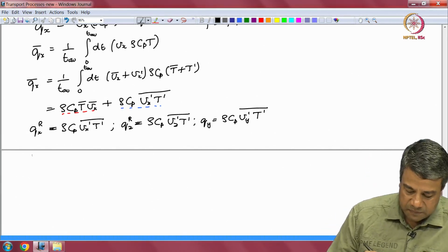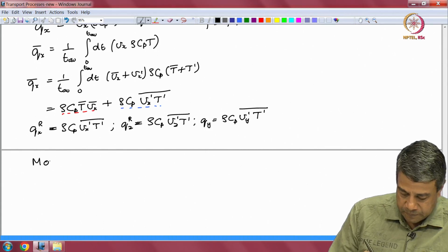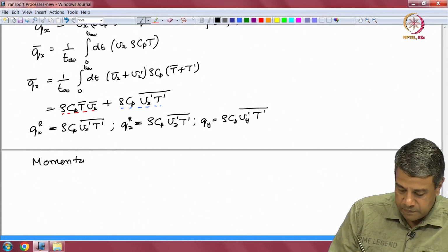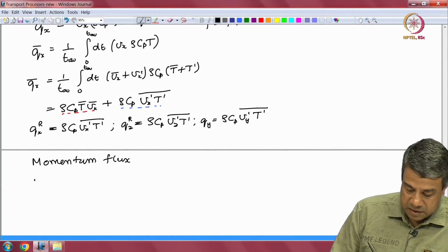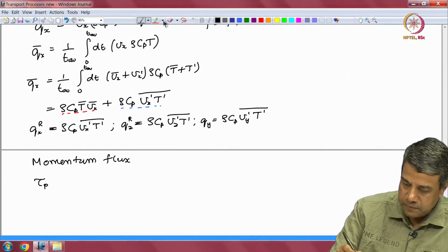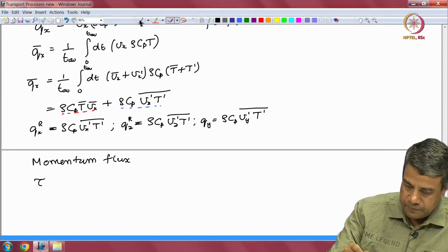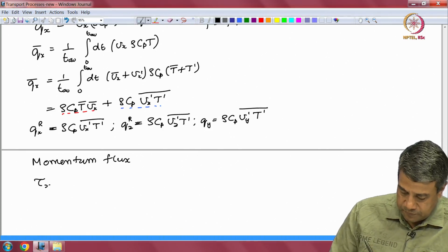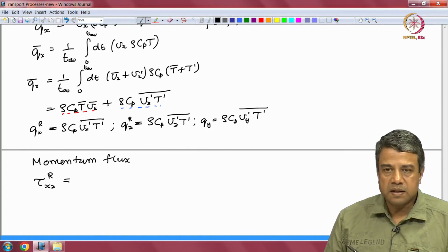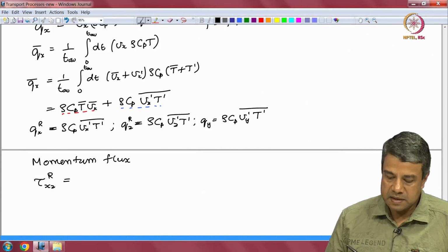and then the momentum flux, the shear stress, the Reynolds stress tau r. This is equal to the correlation of the momentum density and the velocity.